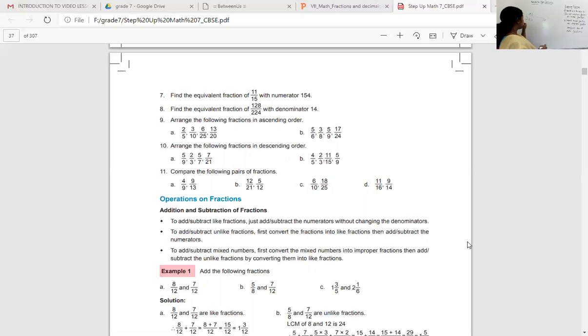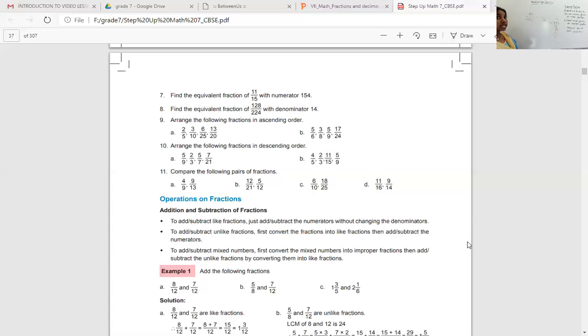So we do 224 divided by 14. 14 twos are 28, 14 ones are 14, so 84 remains. 14 times 5 is 70, so 14 times 6: 6 fours are 24, 6 ones are 6, so 84. So the remainder is 0.